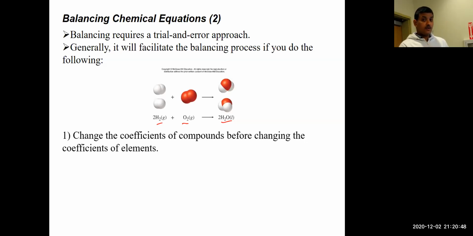That's a huge first rule, and I'm going to add a little bit further. You're going to come across problems where all of your reactants and products are compounds. How do you choose which one to start with? Start with the more complex molecule first. That will make your life a lot easier. Please note this down, because this is where you get trapped and feel like you are not moving anywhere.